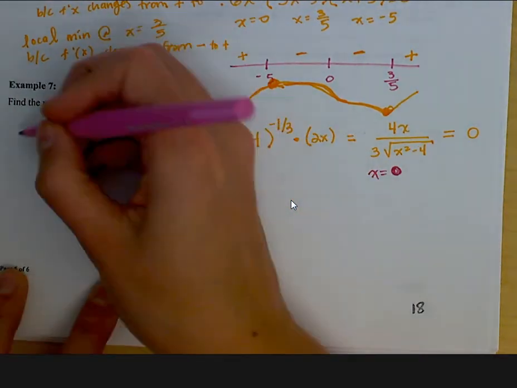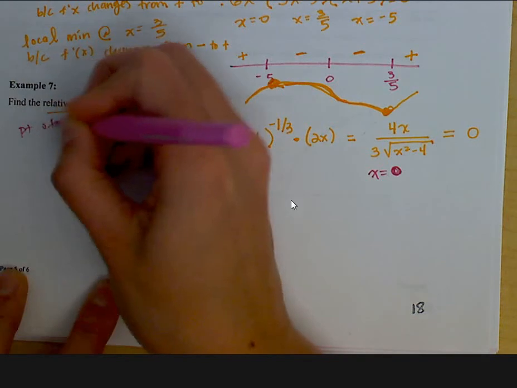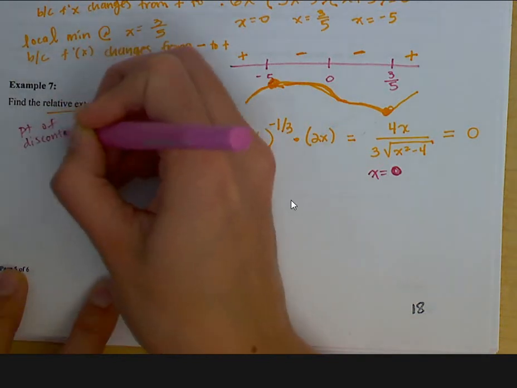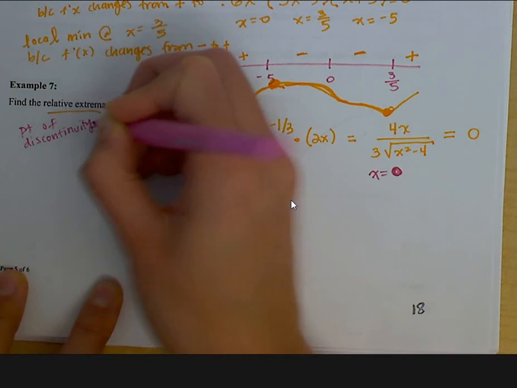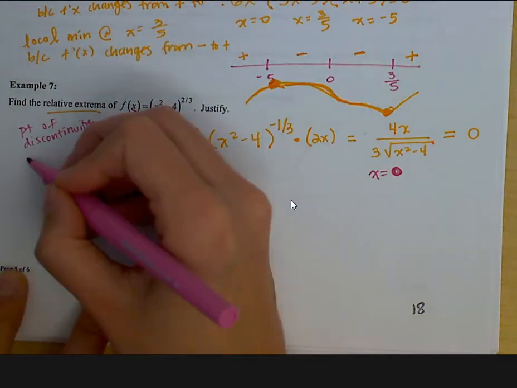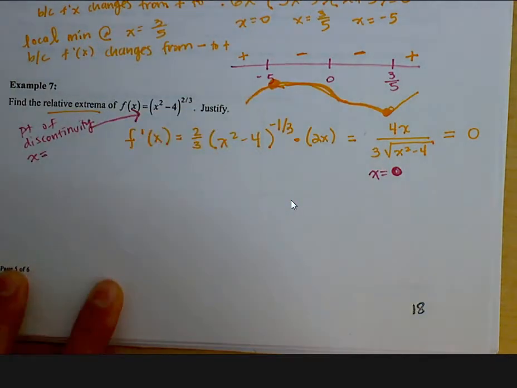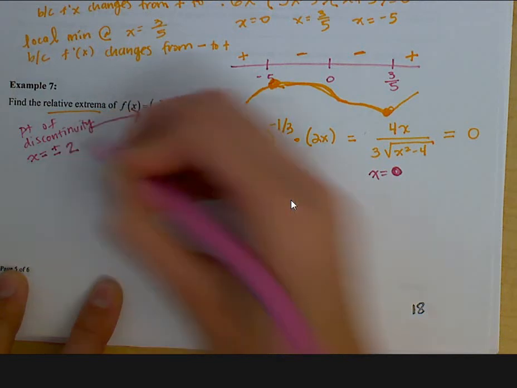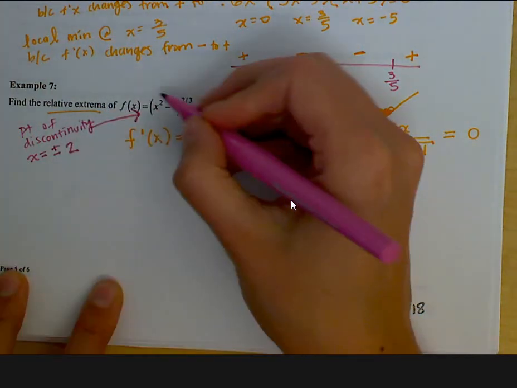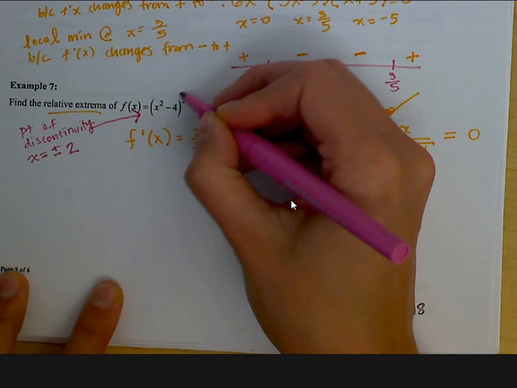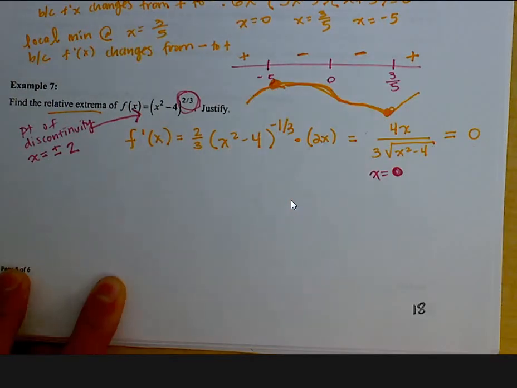This is going to have a point of discontinuity when x equals plus or minus 2. If I plug in plus or minus 2 here, I have a discontinuity because of this fractional exponent. Okay, so these are all the points that I need to check out.